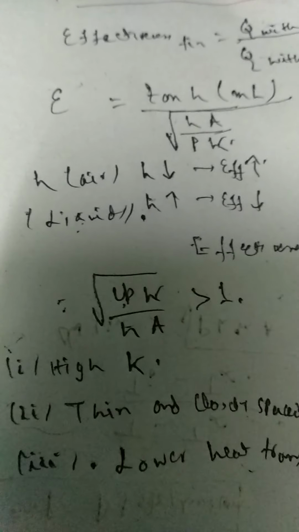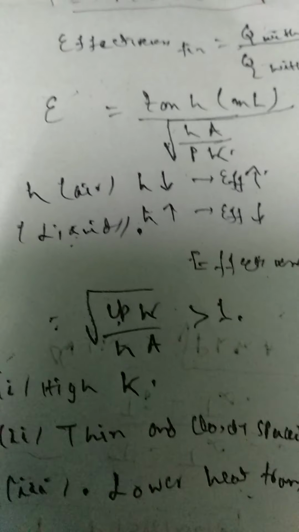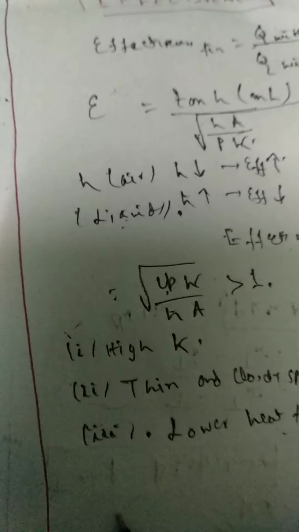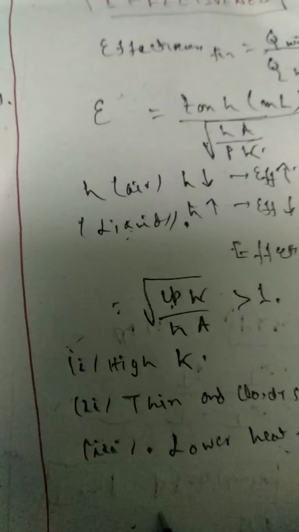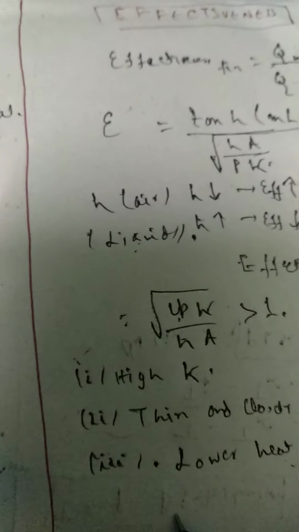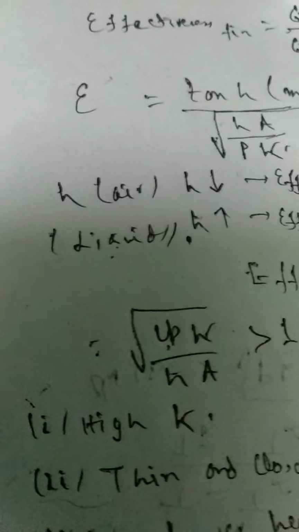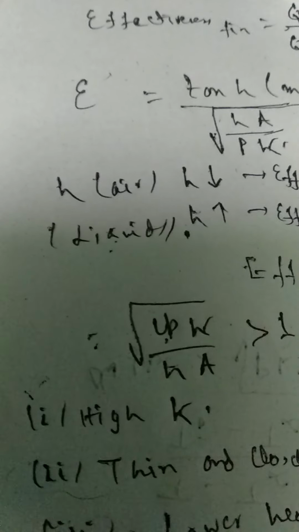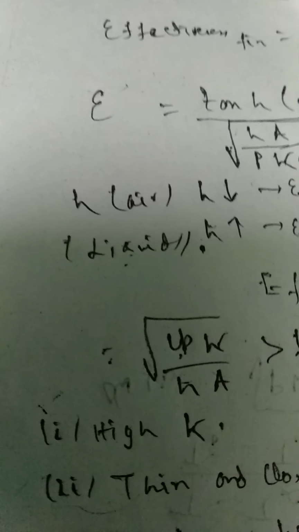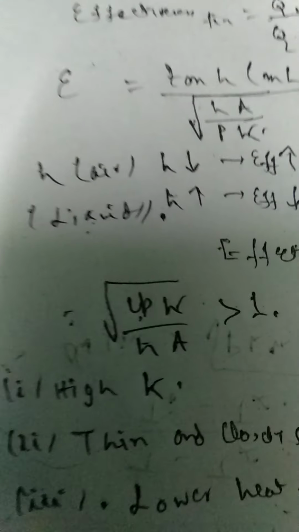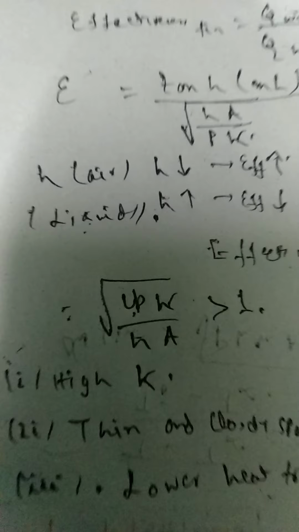The ratio of the perimeter to the cross-sectional area of the fin should be as high as possible. And fins are generally made of aluminium because of its low cost and resistance to corrosion. So this is all about fins.